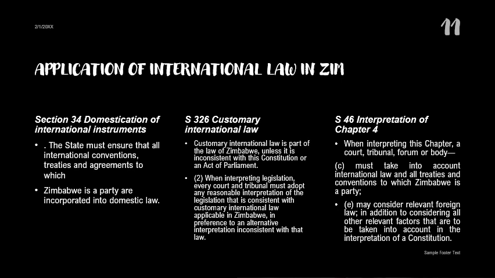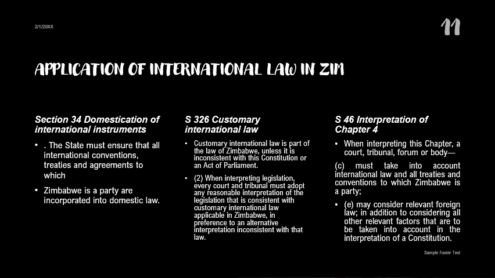It says that Section 34 looks at the fact that the state must ensure that all international conventions, treaties and agreements to which Zimbabwe is a party should be incorporated in domestic law. So the domestication of international environmental law ensures that those international environmental laws also apply to Zimbabwean citizens and Zimbabwean people.